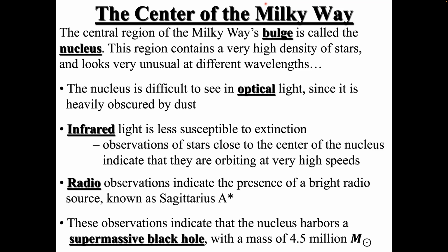This radio source is named Sagittarius A. And what these observations indicate is that the nucleus of the galaxy, the very central region, harbors a supermassive black hole with a mass of 4.5 million solar masses. So this is the finding from these observations.